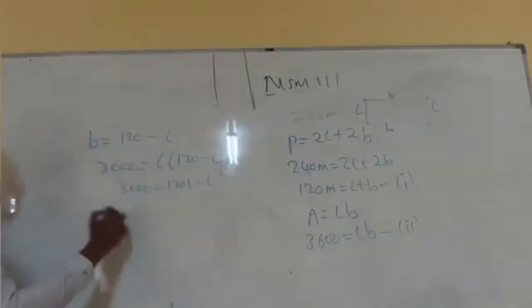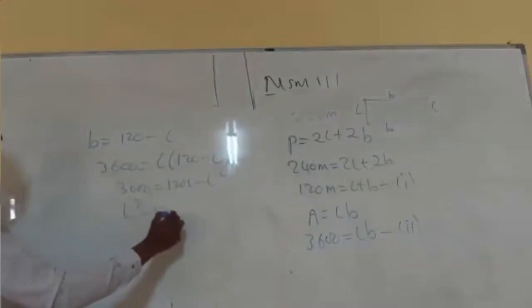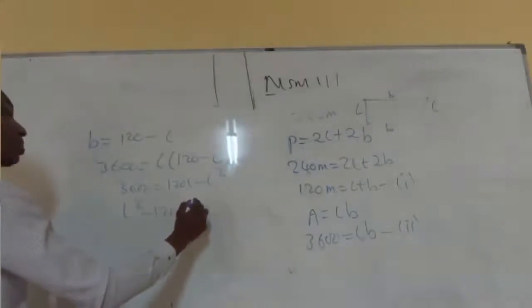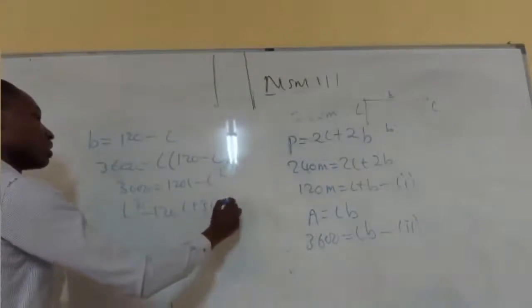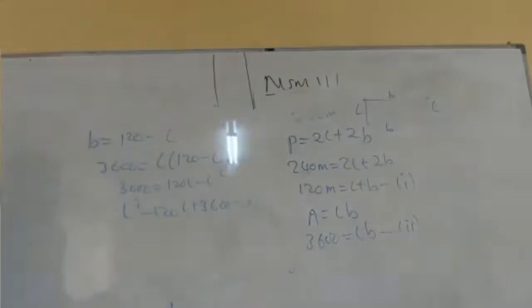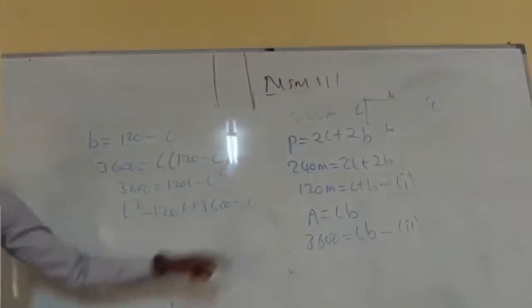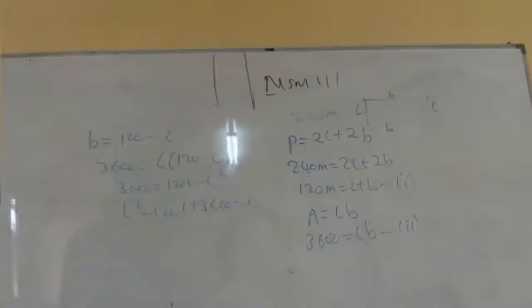So we have L squared minus 120L plus 3600 is equal to 0. So this is now a quadratic equation, as you can see. Find the maximum turning point for this quadratic equation, and that's how you get to your answer.